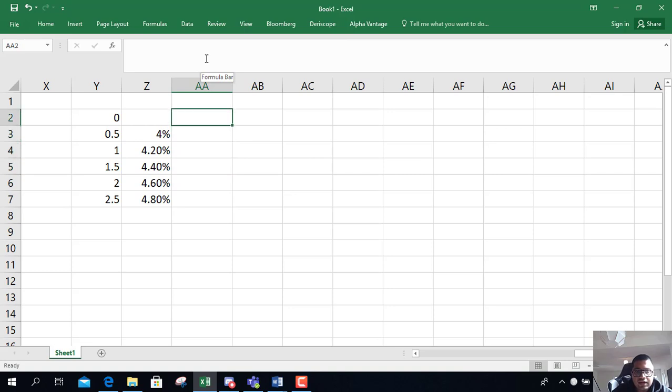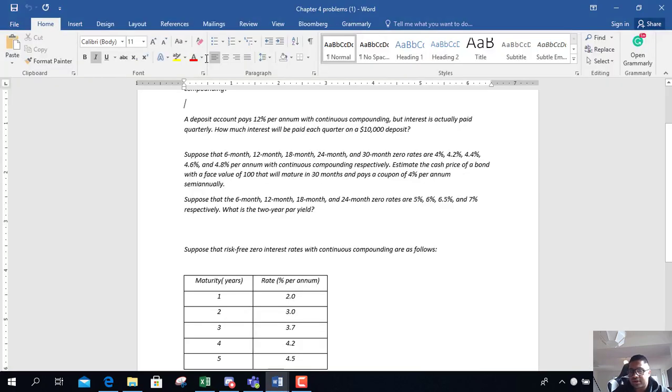Okay, they're also giving you cash flows. The cash flow is the face value of $100 of the bond and the coupon rate. How much did they give as coupon rate?